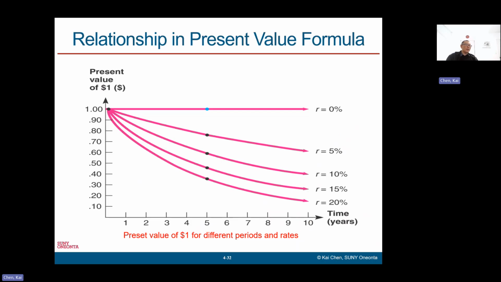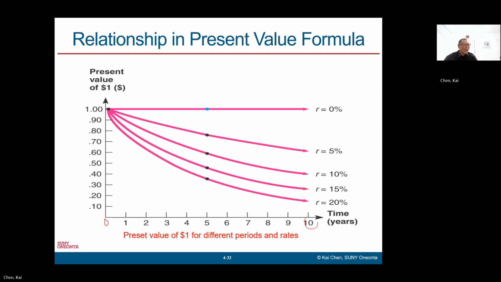We suppose we're going to hold an investment from time 0 to 10 years. And the vertical axis shows the present value of $1 to be received in the future over the timeline.